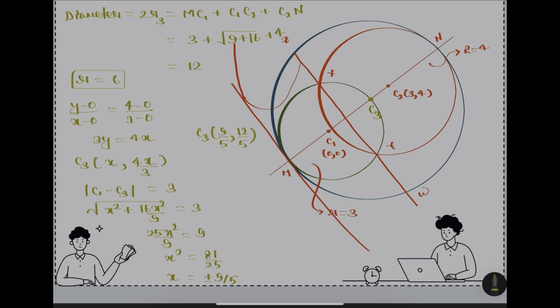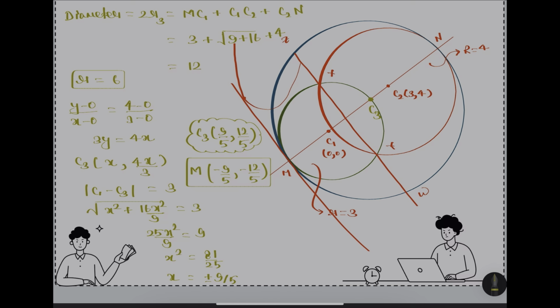So you got your center of the circle C3. Now you also got point M. So it is minus 9 by 5 and minus 12 by 5. I hope till this part you guys are okay.